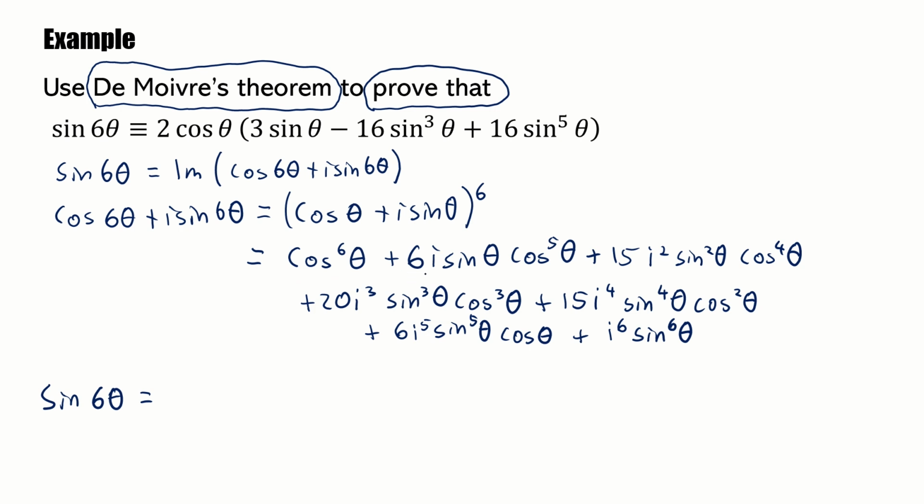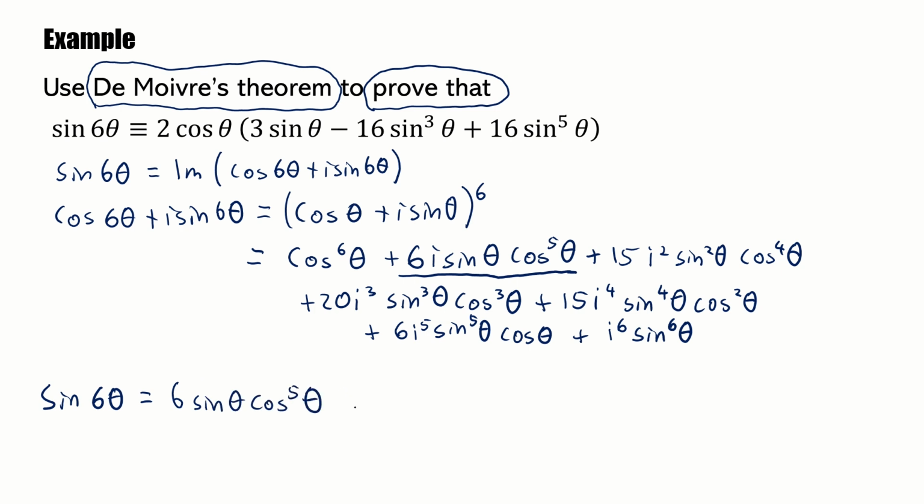And then 6i sin theta cos to the power of 5 theta is the one we're interested in because it's got an imaginary number involved. But worth pointing out straight away, if we're taking the imaginary component, you don't include the i once you've taken it. Taking the imaginary component just means taking the coefficient of the imaginary number i. So I'm just going to write 6 sin theta cos to the power of 5 theta.